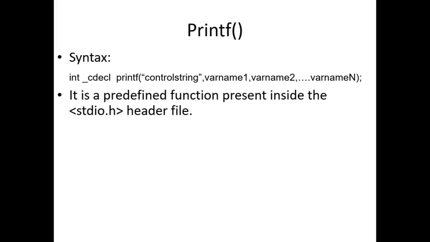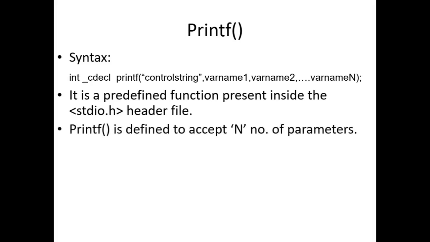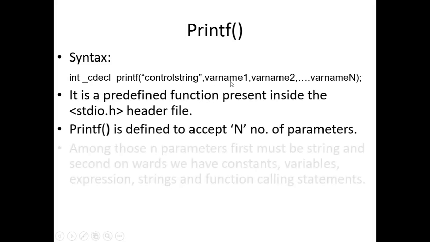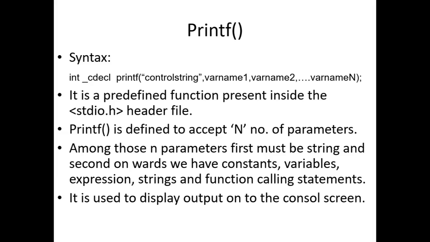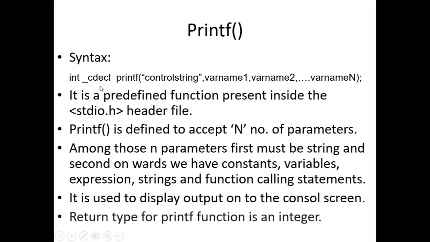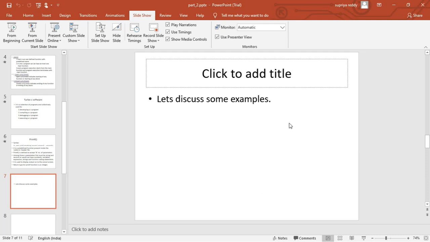Stdio.h is a header file in which the printf functionality is present. And I already said it accepts n number of parameters and it is used to display output onto the console screen. So this is about the printf statement. Examples will be discussed in the next session.